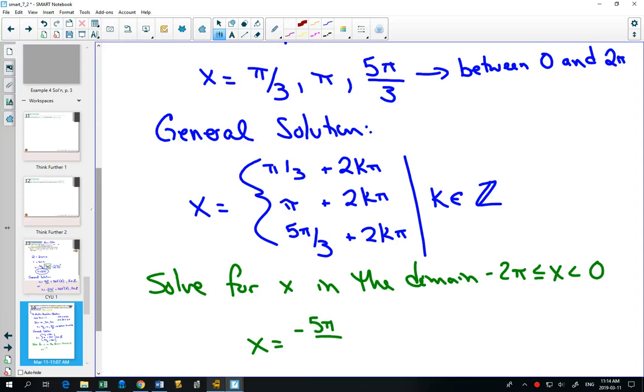Because 5 pi over 3 is my pi over 3 family in quadrant 4. So if I go 4 negative quadrants, it's going to be negative 5 pi over 3. And over here at pi, this one's really easy to see that it's going to be negative pi. And finally, at 5 pi over 3, it's pretty easy to see that that angle right here would be negative pi over 3.